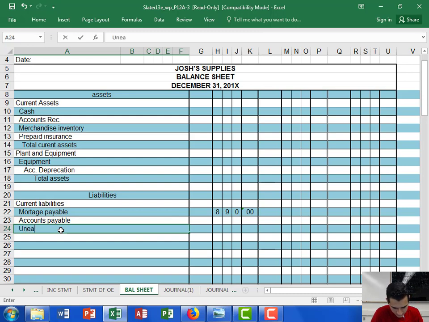Then you're going to have your unearned rent. Unearned training fees. And then this amount here would be total current liabilities.